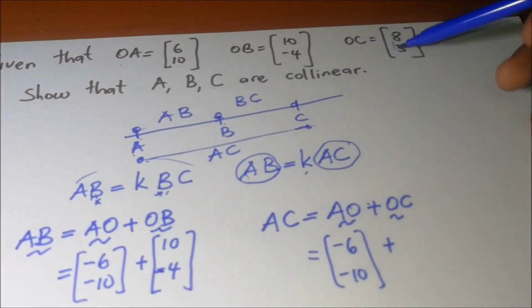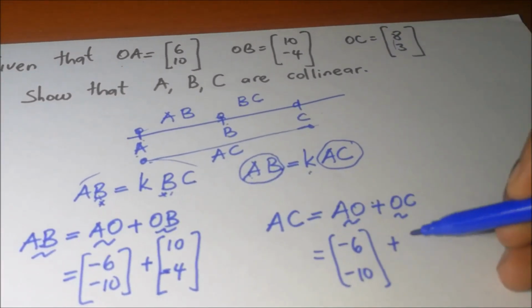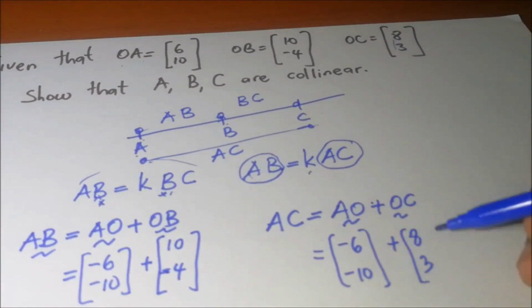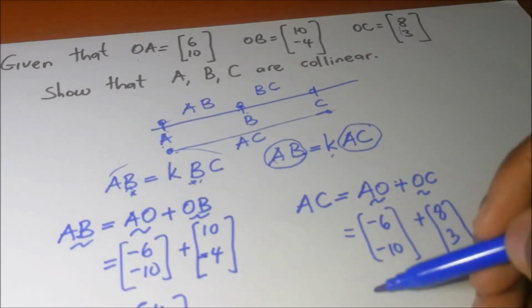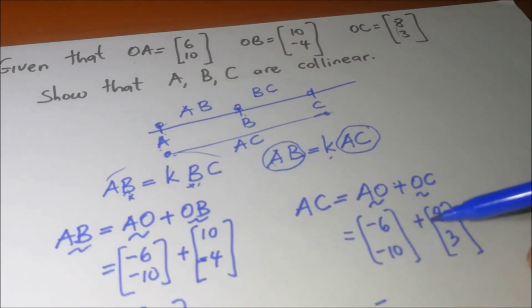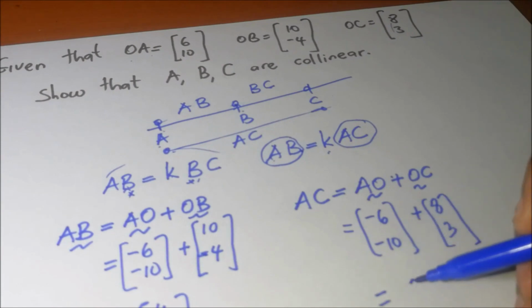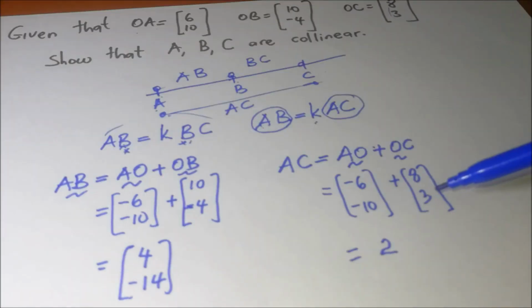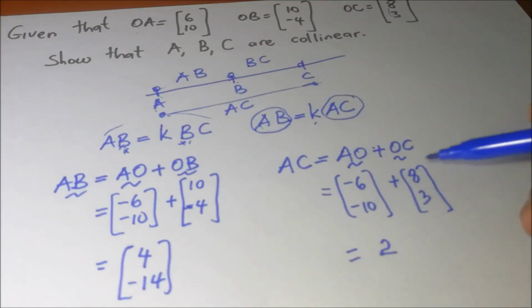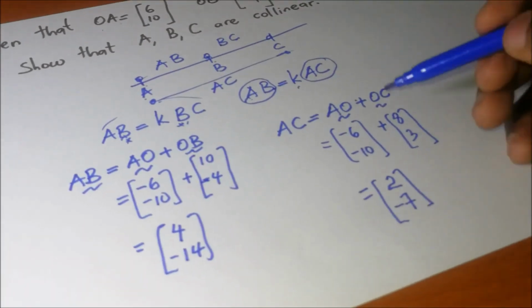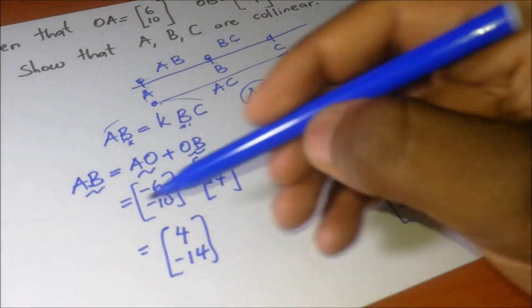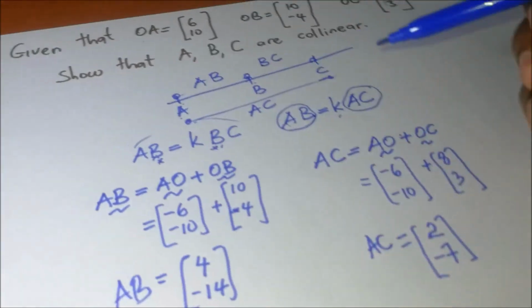We have OC here as (8, 3). So our answer here is going to become -6 plus 8, which is +2, and -10 plus 3, which is -7. So from this we can see that we already have our AC, and we have our AB.